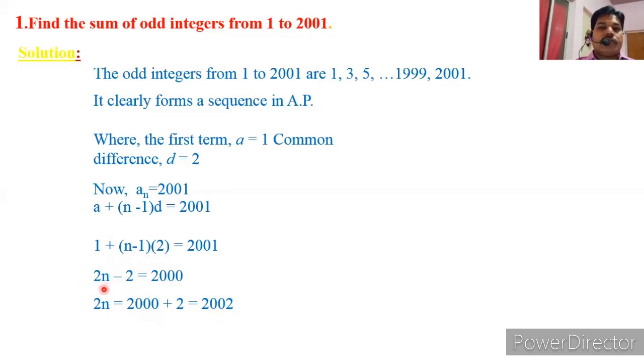Just cancel with 2 here, 2 and 2002 will cancel, so the value n is equal to 1001.